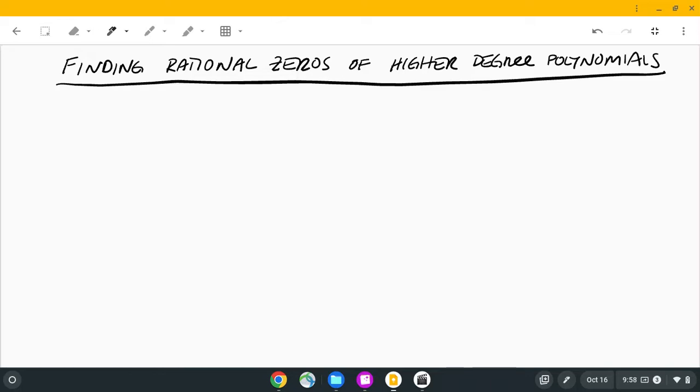Okay, so we use what's called the rational root test. But before we go into that, let's make sure you understand what a zero is.